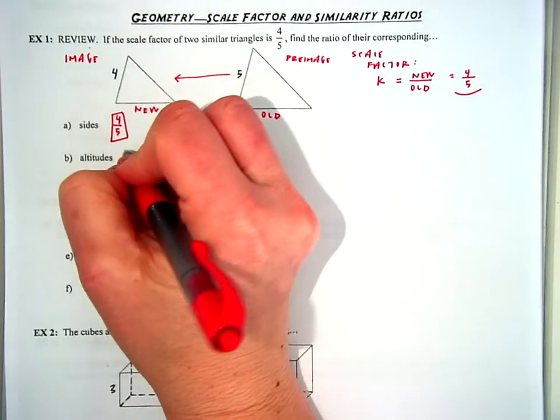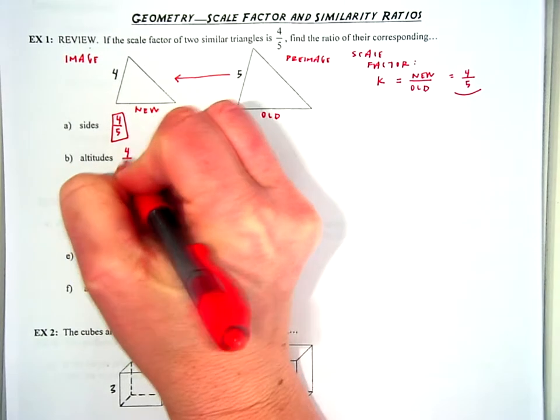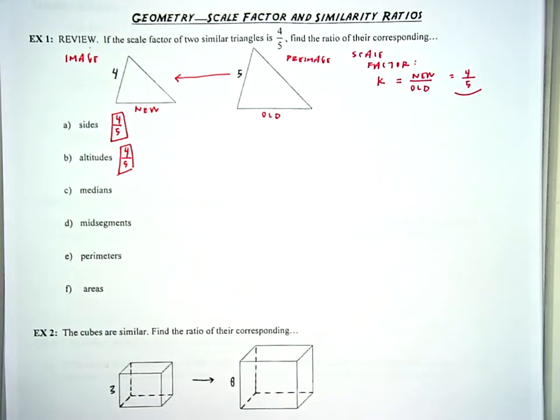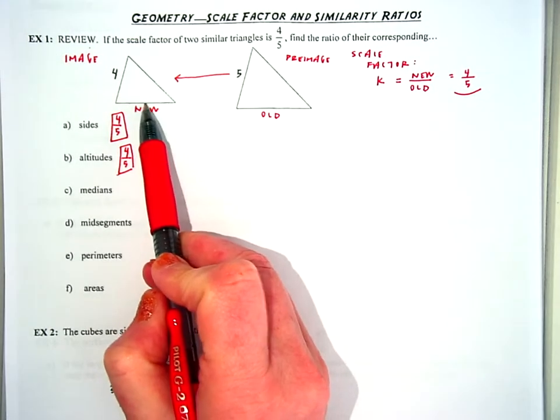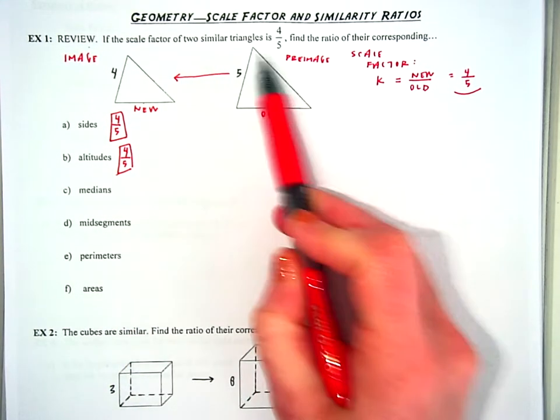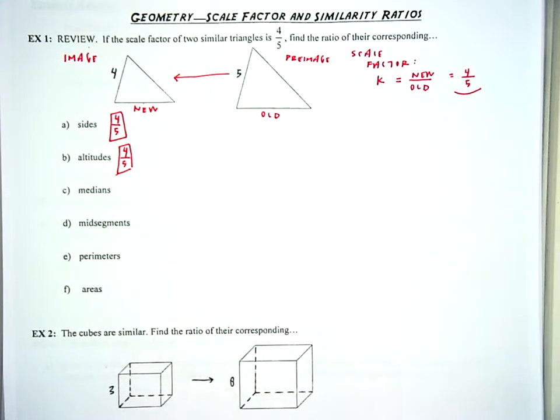Any medians, so if I found that midpoint right here and then drew in that segment, the midpoint right here and drew in that segment, again, it's a segment relationship. It will have the same ratio as the scale factor, as a pair of sides, as the altitudes, so also 4 to 5.